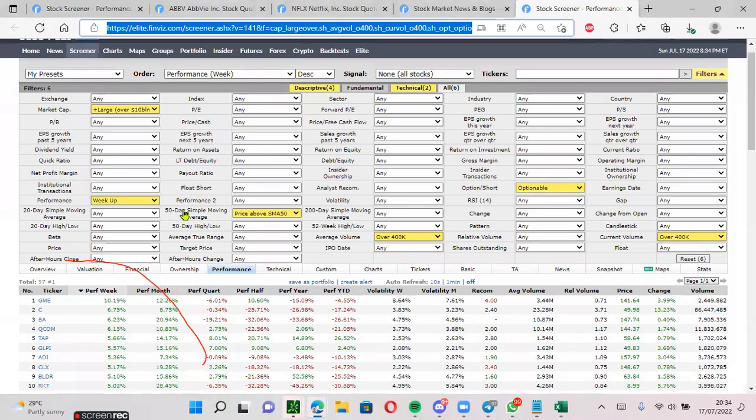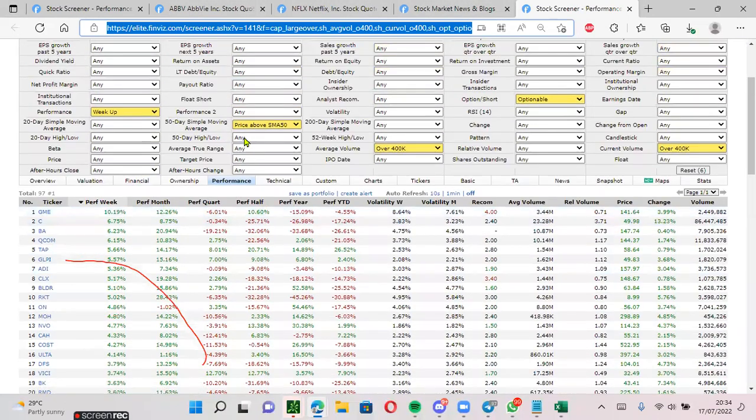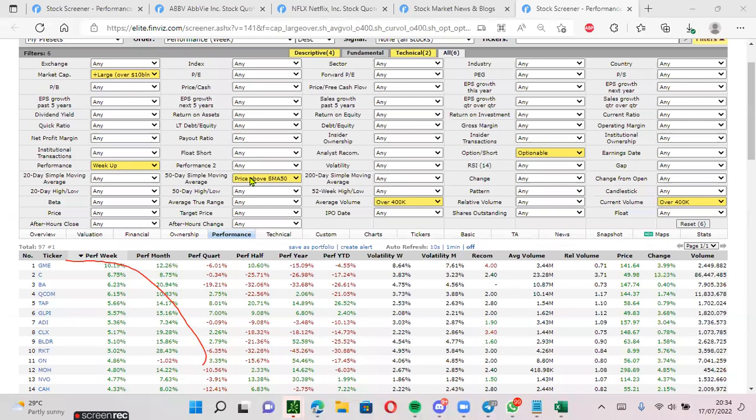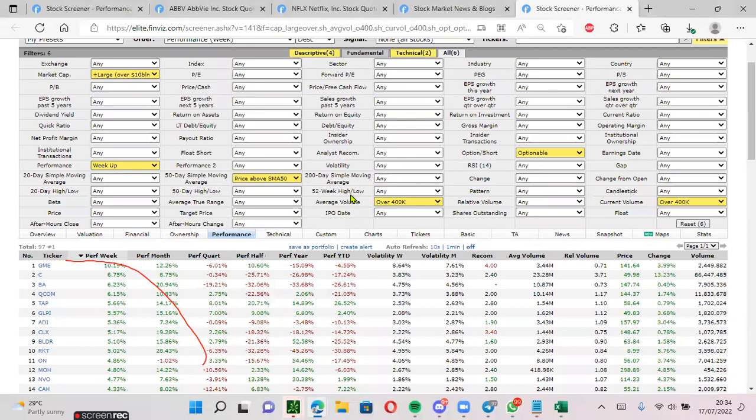This also will give you the scanner. I keep watching this. This is a different dimension of looking, because Finviz has a very good scanner. So a lot of things are good. It has the 50 MA, it doesn't have the EMA, which I believe is still fine for me.